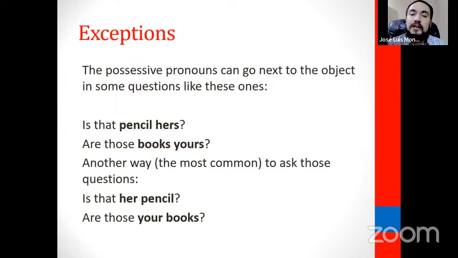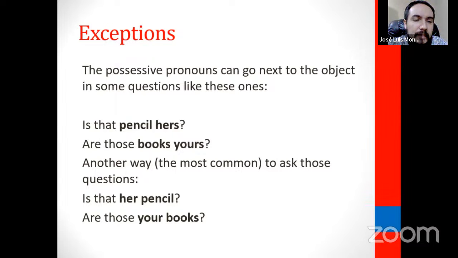It's just because of this specific order at the beginning, "is that pencil" instead of "that pencil is." That's why it gives the false sensation that they are together, but they are not. Because of the position of the words in this question, we got this coincidence. But it is what it is, all right?